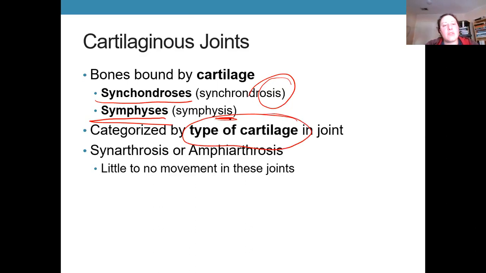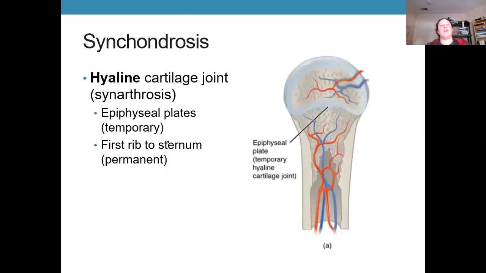And depending on the joint, these can either have no movement at all, be a synarthrosis, or have a little bit. We've already talked about the major example of an amphiarthrotic cartilaginous joint, but we're going to look at it again. So a synchondrosis is marked by having hyaline cartilage as the connecting tissue.